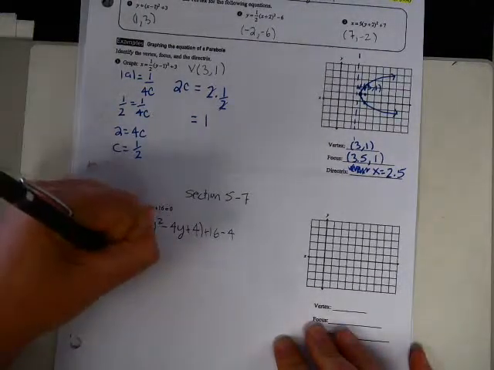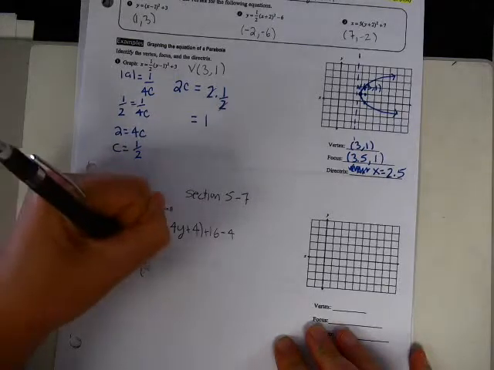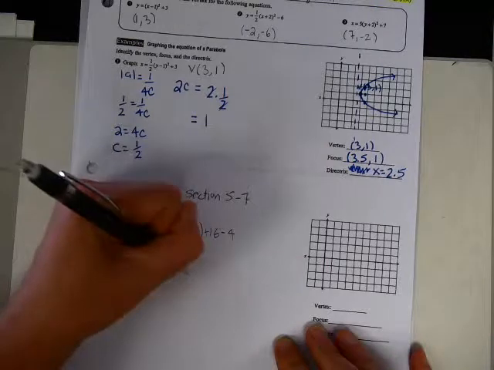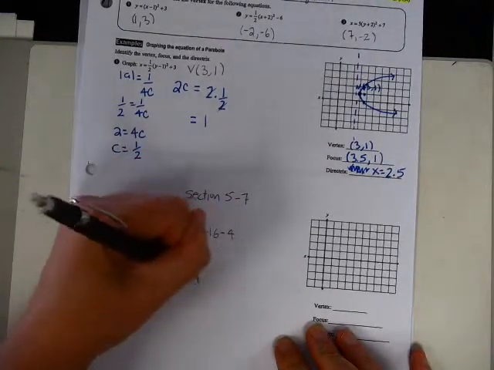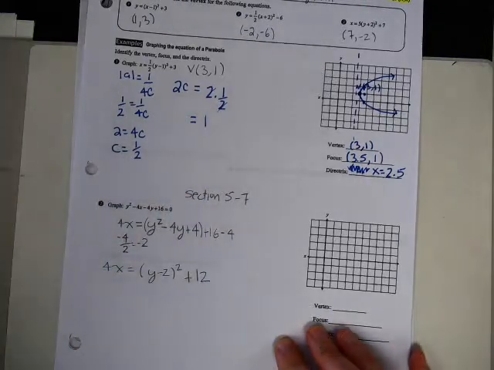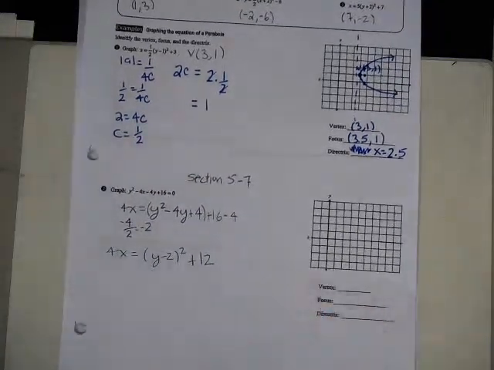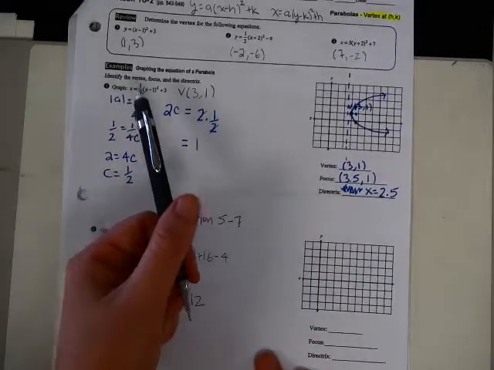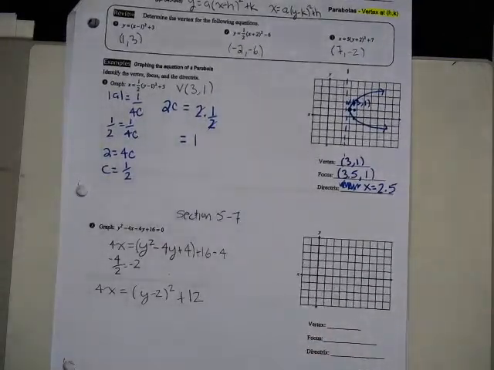So 4x equals (y minus 2) squared plus 12. Now, this is getting pretty close to looking like this. I just need to isolate x.